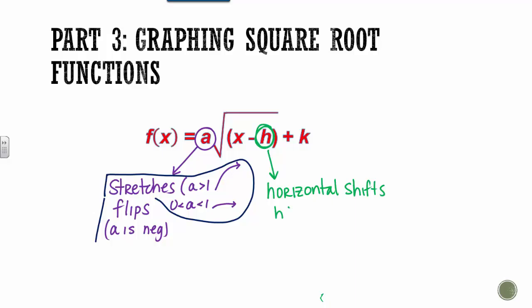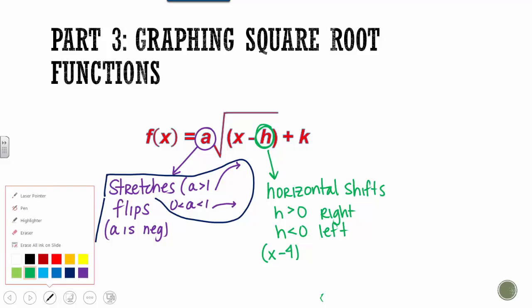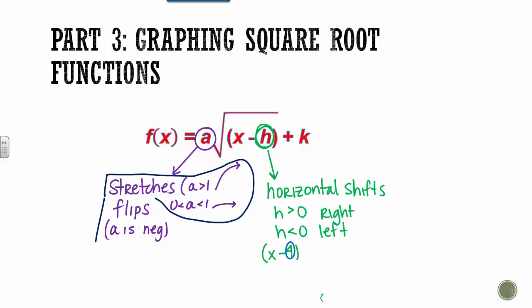Now if h is greater than 0, you're going to move to the right. And if h is less than 0, you're going to move to the left. Now be very careful with this because of this minus and negative here if you have something less than 0. If you see something like x minus 4, the h value in here equals 4, so that means I'm going to move 4 spaces to the right.